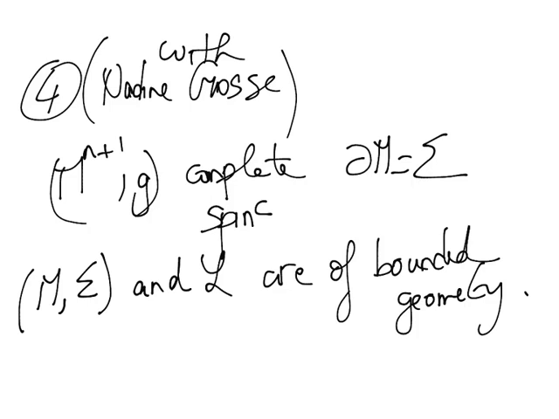The injectivity radius of the boundary Sigma is positive. There is a collar around Sigma. The injectivity radius is greater than some epsilon in some neighborhood, and the mean curvature and all its covariant derivatives are bounded. This is the terminology of bounded geometry. Then we still have one more condition.